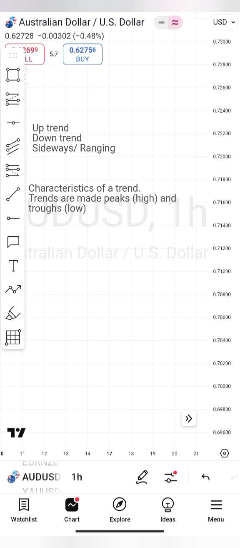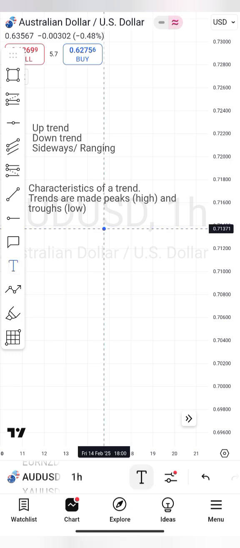The thing is to watch out for the peaks and the troughs, that is, the highs and the lows, and whether these highs and lows are moving up, down, or sideways.